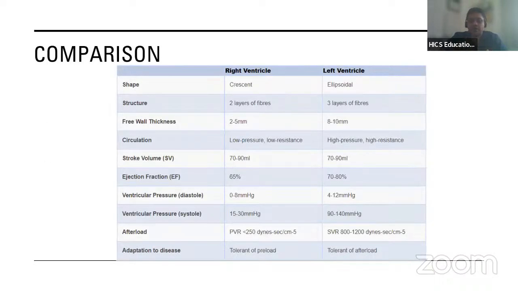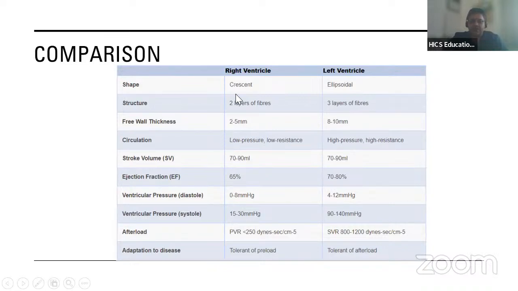So to compare the right ventricle and the left ventricle, shape-wise, the right ventricle is crescent shaped, whereas the left ventricle is ellipsoidal. The right ventricle is made of 2 layers of fibers, whereas the left is made of 3 layers of fibers. The free wall is thinner in the right ventricle.